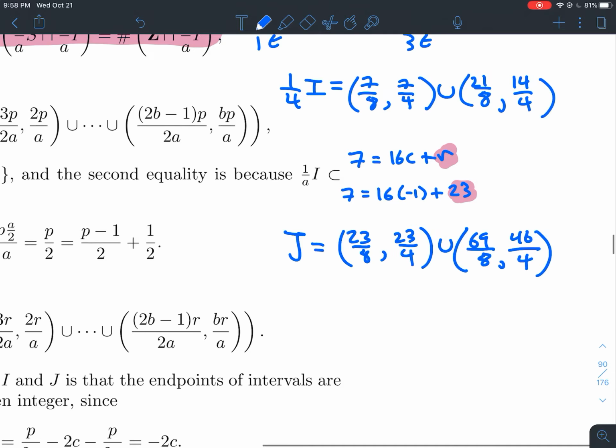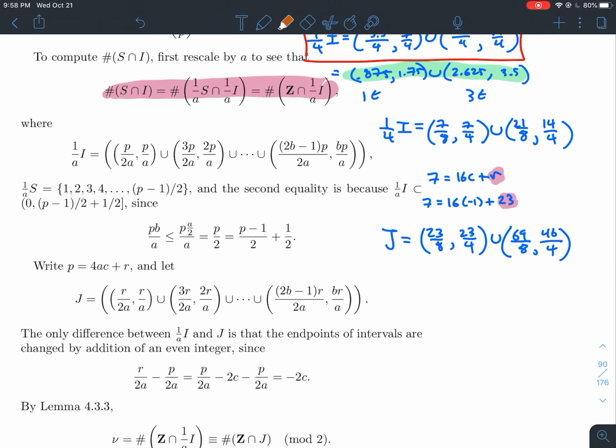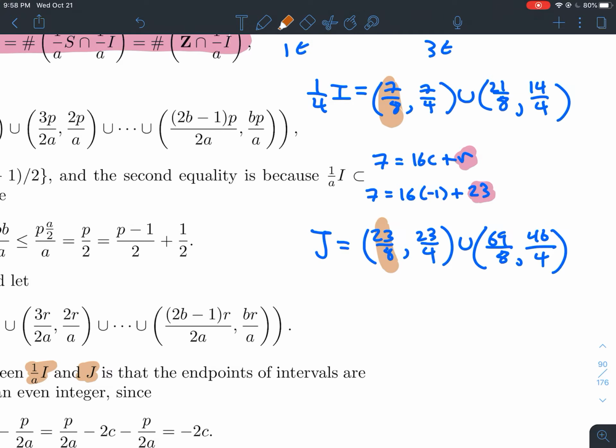And what I want to do now, just like the book says, is compare. What's the difference between the endpoints of 1 over a times I and J? Let's look at the difference between these two endpoints here. Well, the difference between 7/8 and 23/8 is an even number, right? What did you do? You added 16/8, and that's an even number.